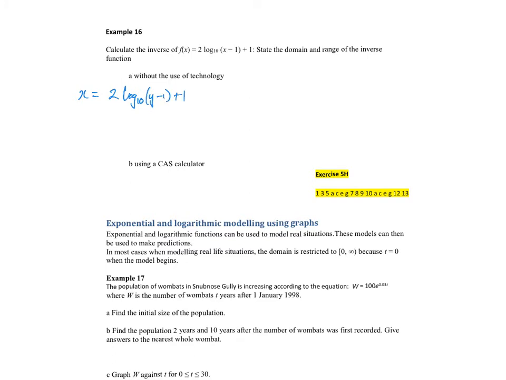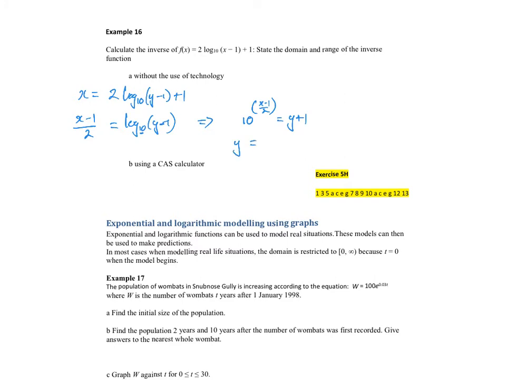So rearrange everything, take 1 across, divide by 2, log base 10 of y minus 1. So now, there's my base. So that implies then that 10 to the power of x minus 1 on 2 is equal to y plus 1.